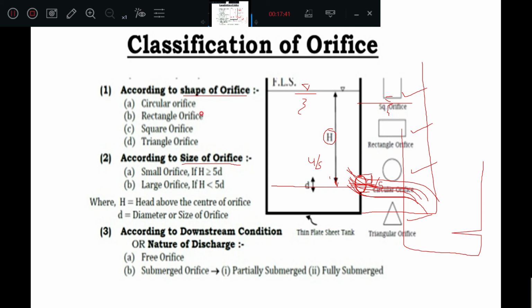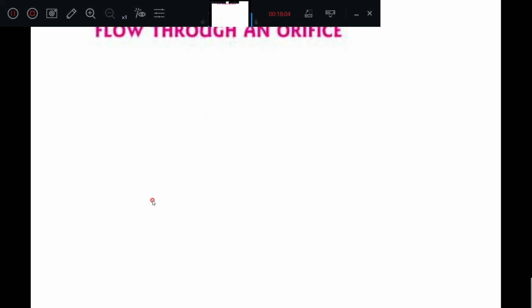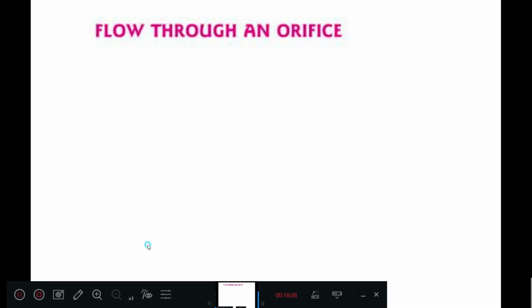So like this, the classification of orifices is made according to the shape, the size, and the downstream condition. Okay, I hope you understood this classification. Let us move to the next one, that is flow through an orifice.